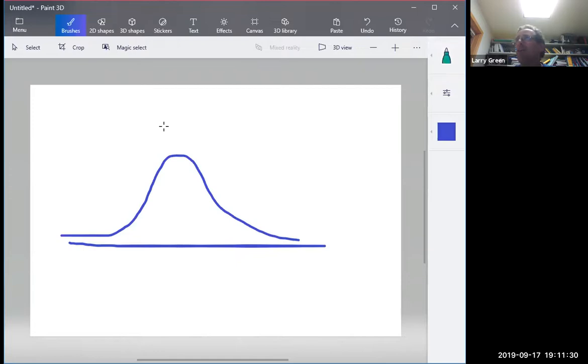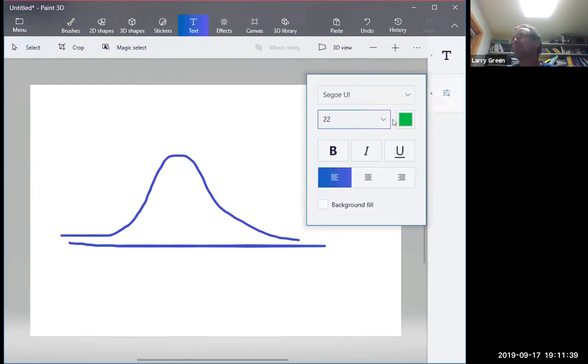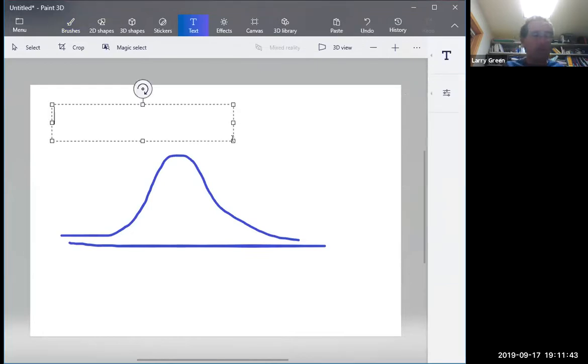So we also call this unimodal. Let me put in some words. This is normal, and that means it's symmetric and it's unimodal.